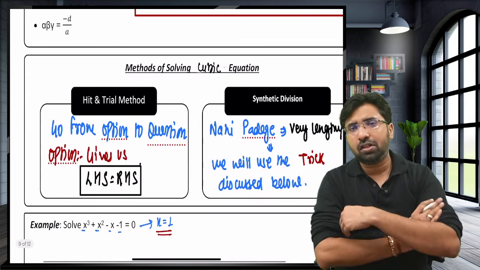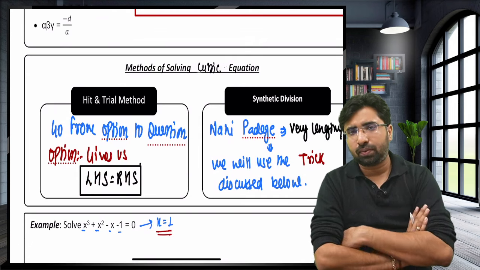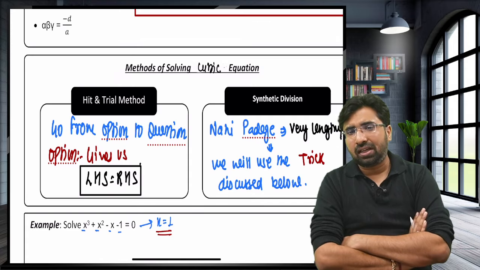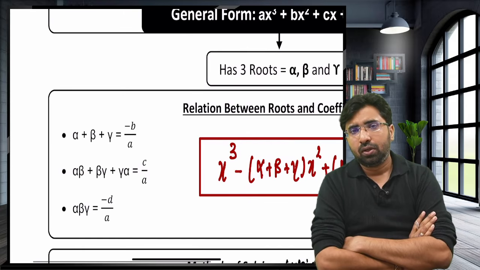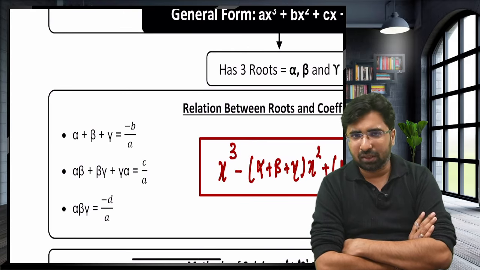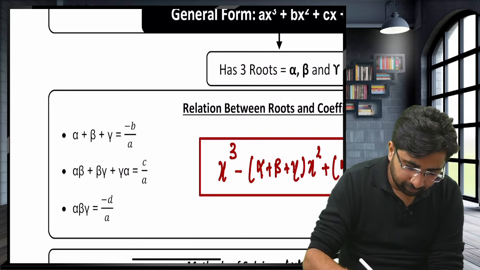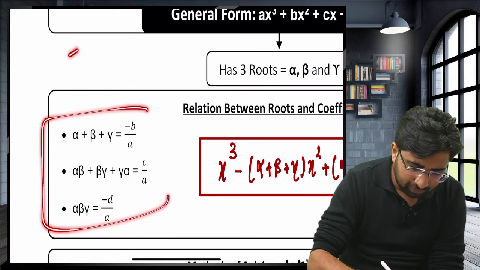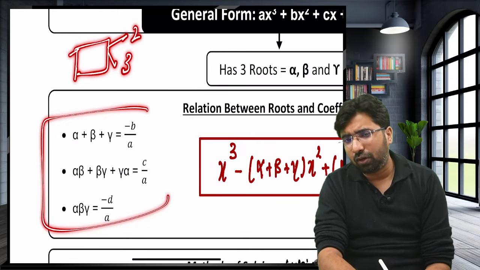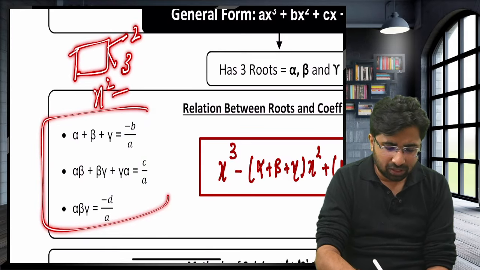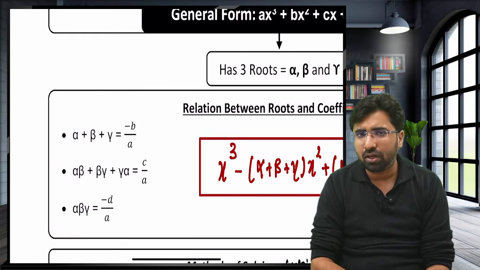Now again with me. What is alpha plus beta plus gamma? Sum of the roots, minus b by a. Cyclic alpha beta, beta gamma, gamma alpha is c by a. What is alpha beta gamma? Minus d by a. In the quadratic, if you give us roots and ask us to form the equation, we know x square minus sum of the roots into x plus product of the roots.